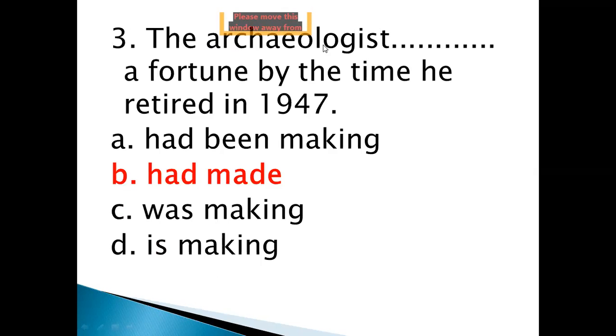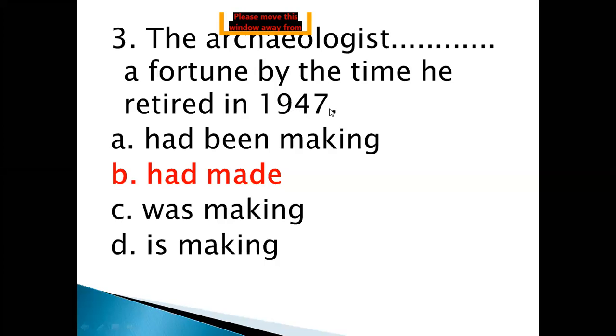Can you find a duration before by the time? There is no duration. In 1947, this is not the duration. This is a past time in the sentence of the past simple. He retired in 1947. So it will be had made.